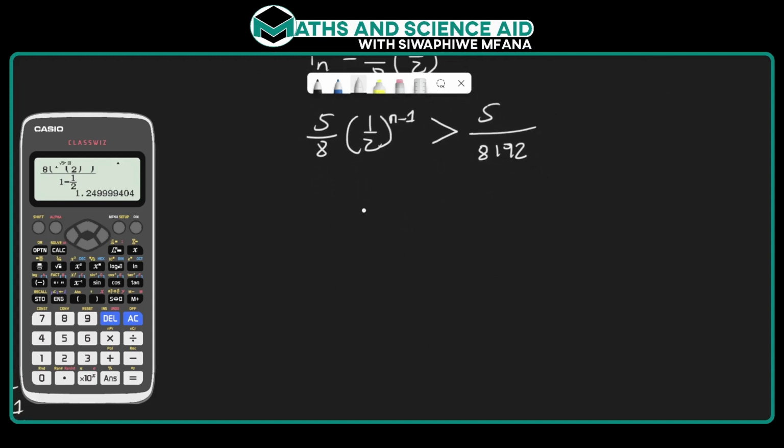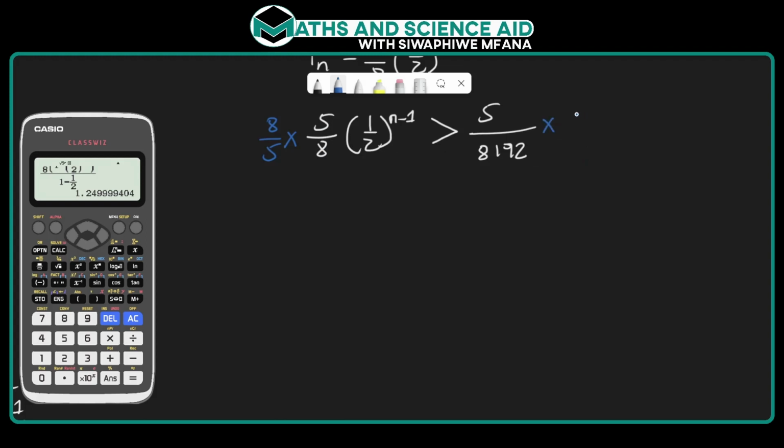And so what I would propose that we do here is we can start by removing 5 over 8 here, and we can do that by multiplying on this side by 8 divided by 5, which is the reciprocal of 5 over 8.